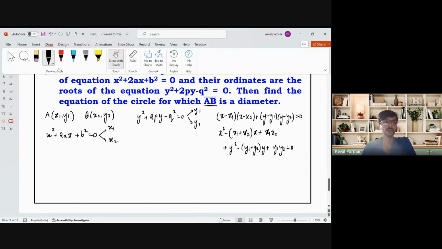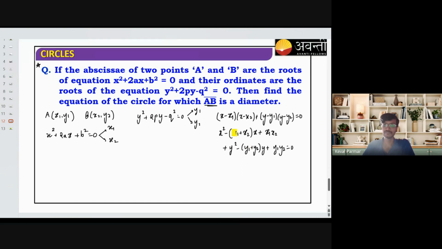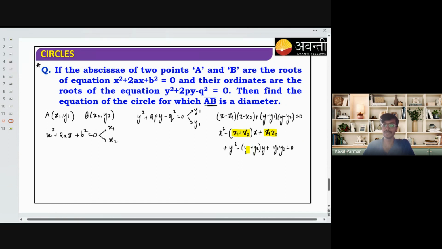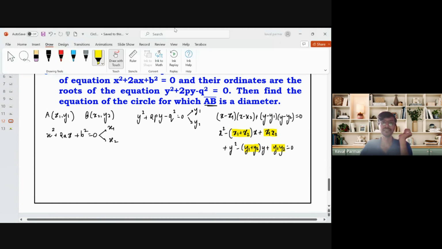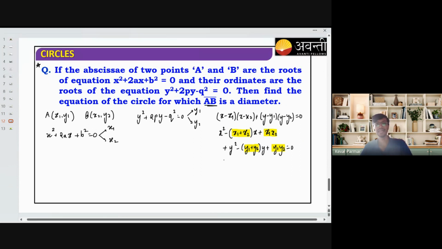Now please note, to find the equation we need x1 plus x2 and x1 x2, similarly y1 plus y2 and y1 y2. That means we need the sum of the roots and the product of the roots. What is the sum of the roots, x1 plus x2?